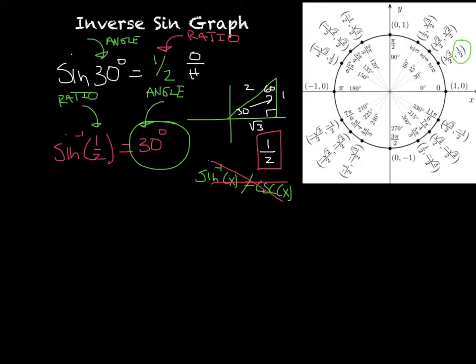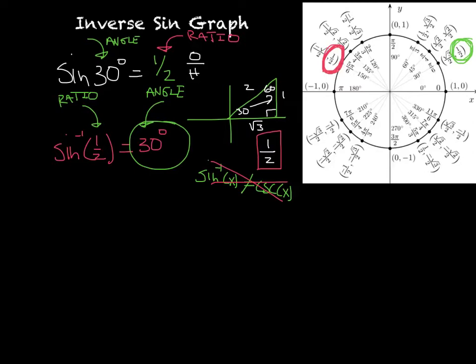Okay, now some of you are probably thinking, wait a second, I see another angle on the unit circle that has 1/2 as its y value. I see that one, and I see that one. So, Mr. Parr, which one am I supposed to choose? Am I supposed to choose 30 or 150?